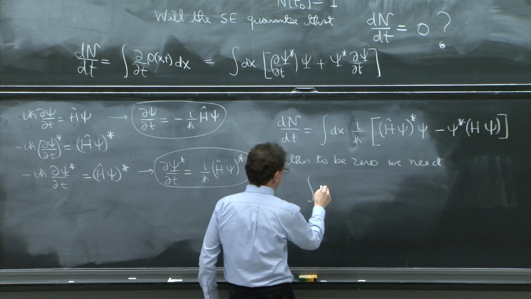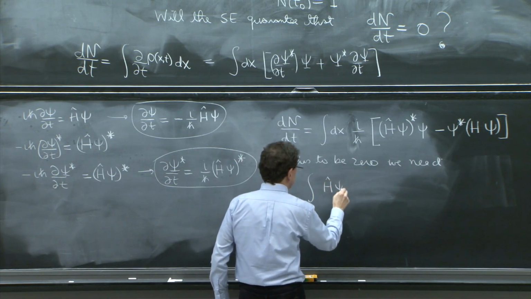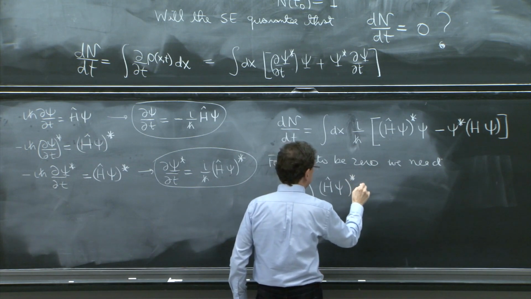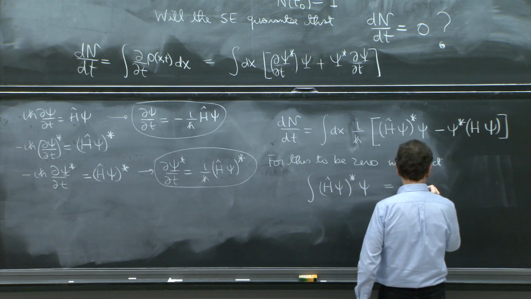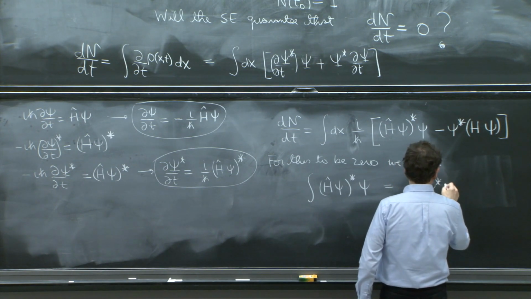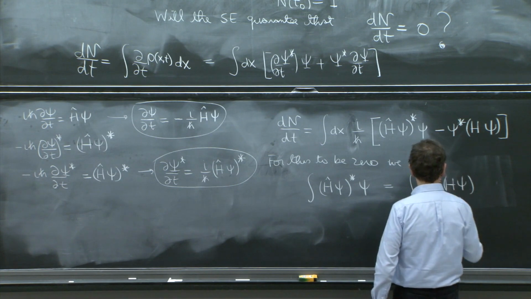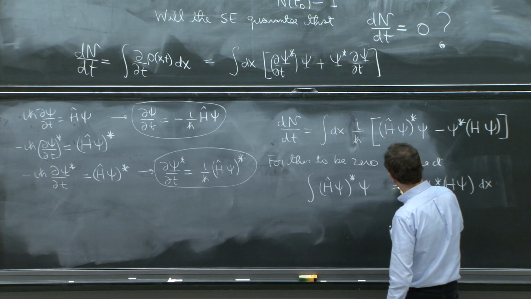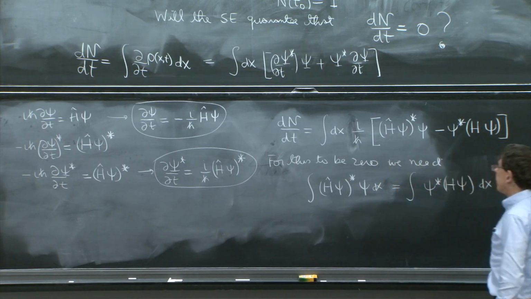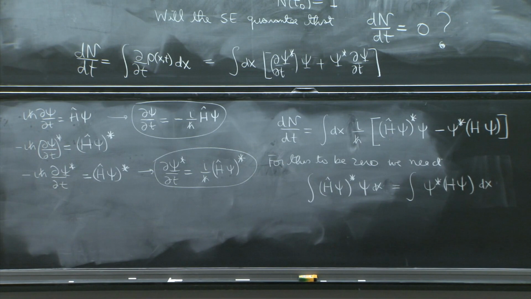The integral of h hat psi star psi be equal to the integral of psi star h psi. And I should write the dx's. They are there. So this would guarantee that dn dt is equal to 0. So that's a very nice statement. And it's kind of nice.